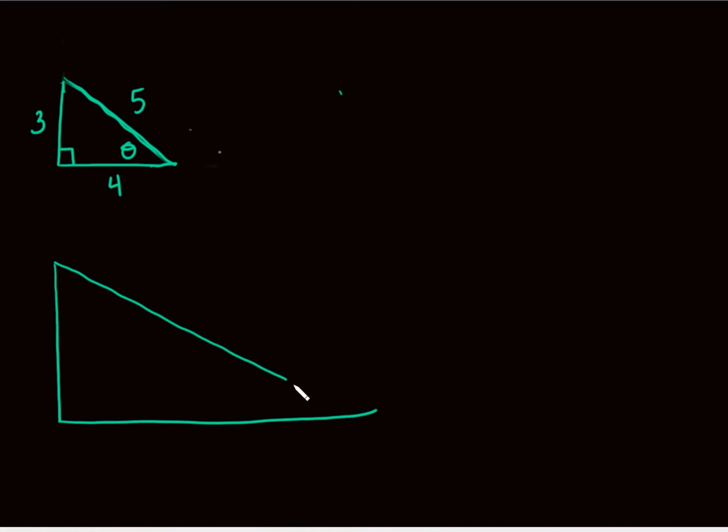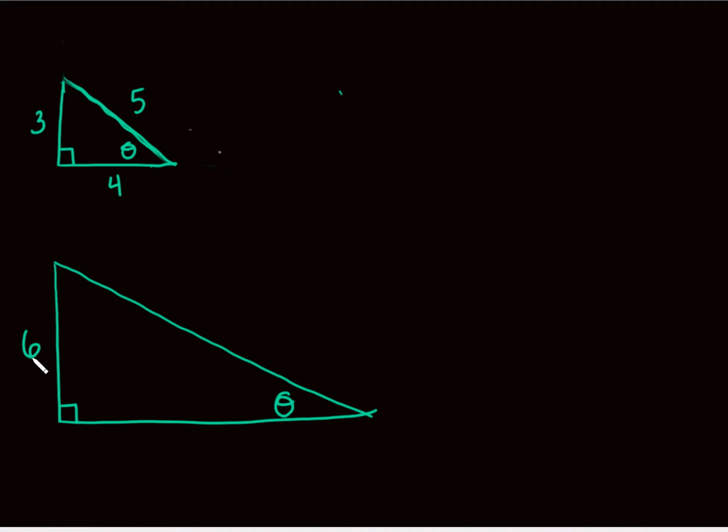So if I have a 3 here, 4 here, and a 5 here, and this is my angle theta, if I took that same angle right here, and I take those sides and multiply them by 2. So this distance right here, I'm actually going to increase by 2. This distance right here, remember this is not going to be perfect. And then this distance here, I'm going to increase by 2. If I do that, that angle is going to stay the same, right?